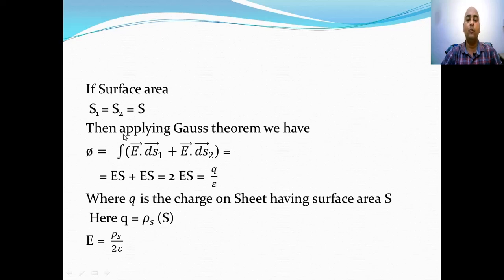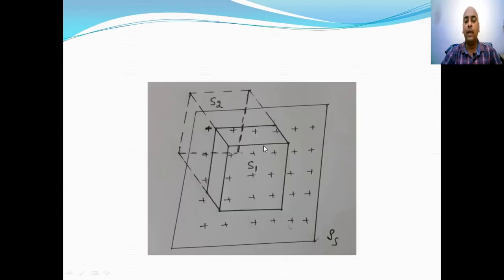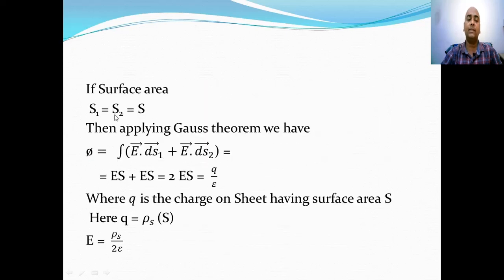If we assume that surface S1 as well as surface S2 is exactly the same, and let us suppose this is equal to S, then applying Gauss theorem we find that the total flux coming out of surface S1 and S2 can be evaluated by integration of E dot ds1 plus E dot ds2.